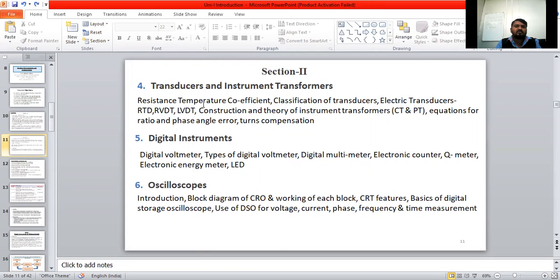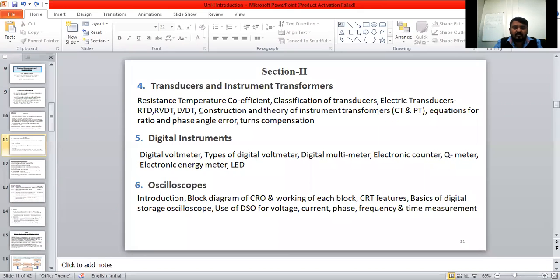In transducers we will consider resistance temperature coefficient. What are the classifications of transducers? There are so many transducers. Among electrical transducers, we will discuss RTD, the resistance temperature dependent resistance, RVDT, and LVDT, the linear variable differential transformer.